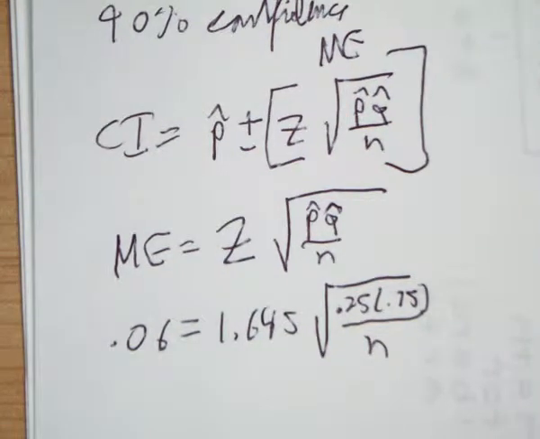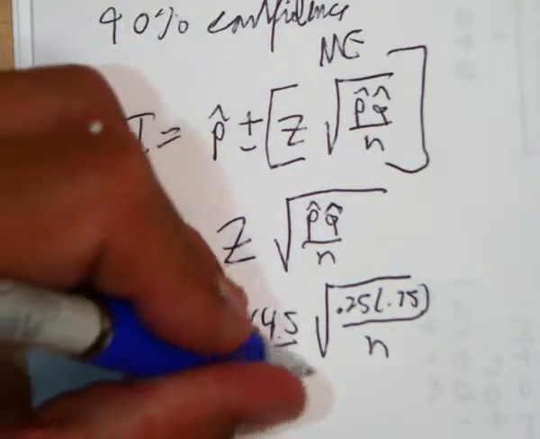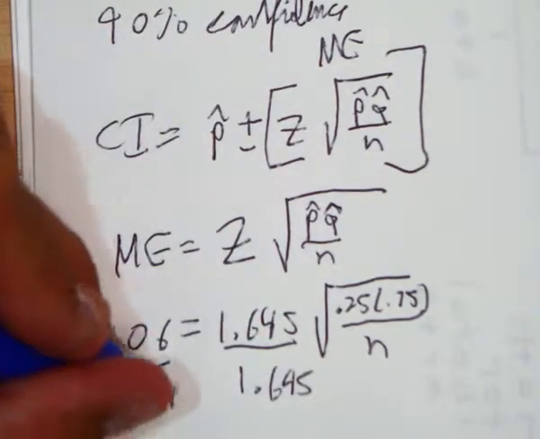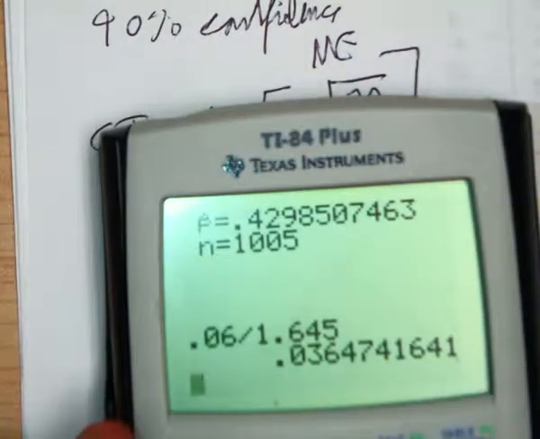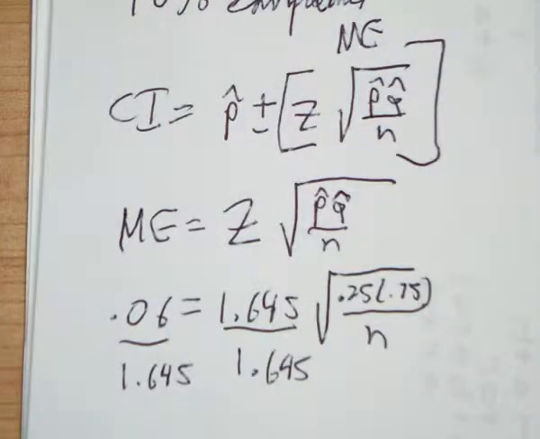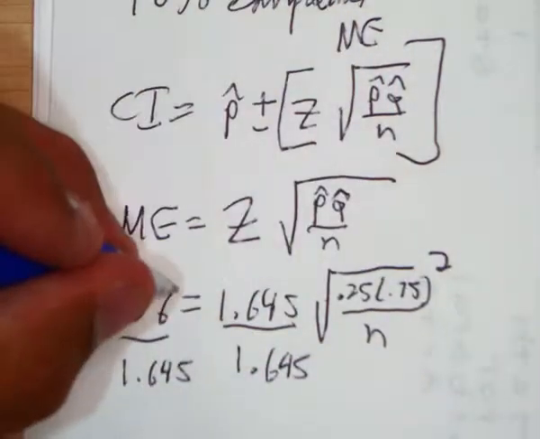Okay, so what I always like to do is divide first, and if I do that, I'm going to get this. And then I'm going to get rid of the square root, so I'm going to square both sides.